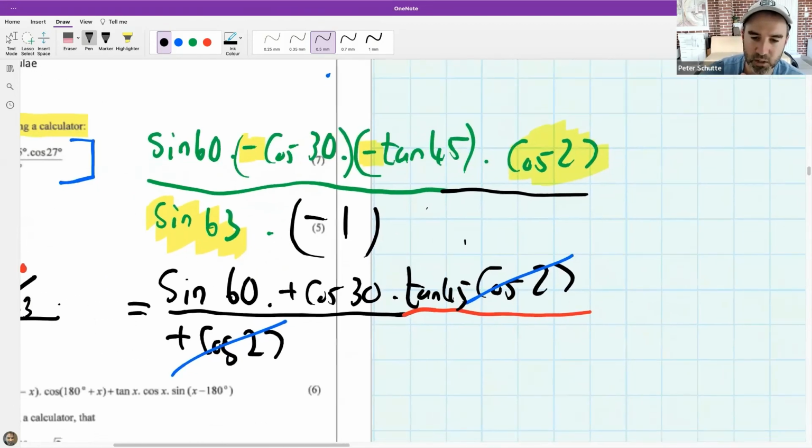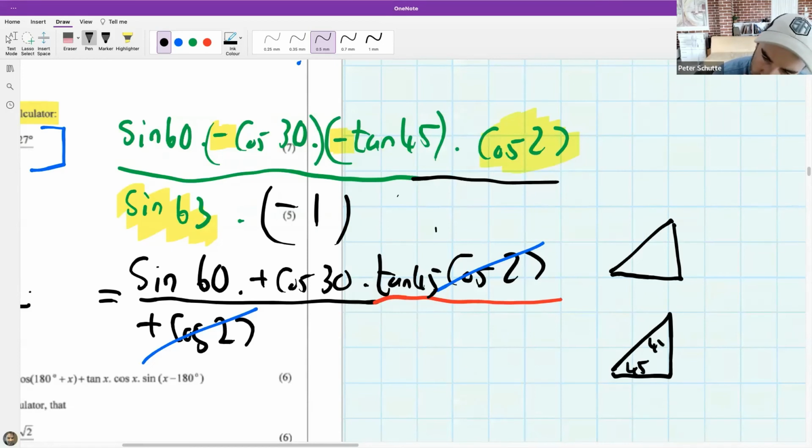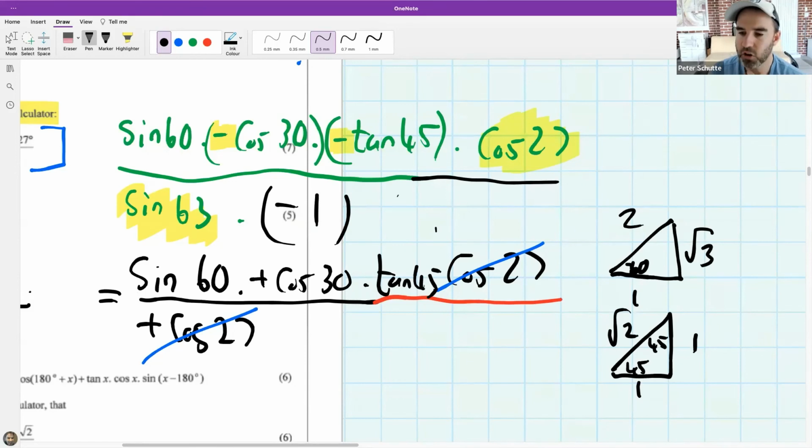And this is where we need what's called special triangles. There's two special triangles that you need to know, and you just write them down on the side of your paper here. This is going to be 2, 1, and this is going to be 1, 1, root 2. And you can then use these special triangles to sub in for values here.